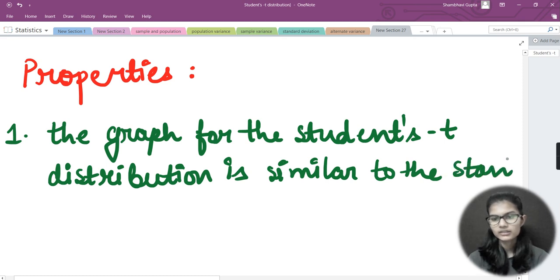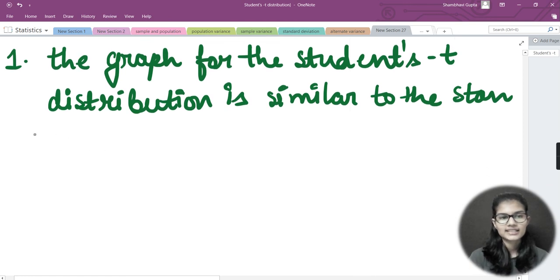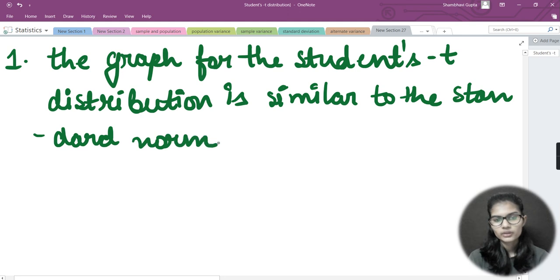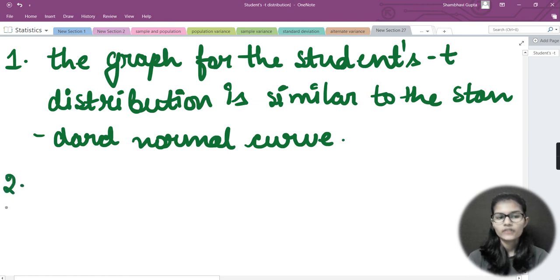The graph which we plot with the help of a student's T distribution is similar to the standard normal curve which we have here. So this is the very first property for the student's T distribution.